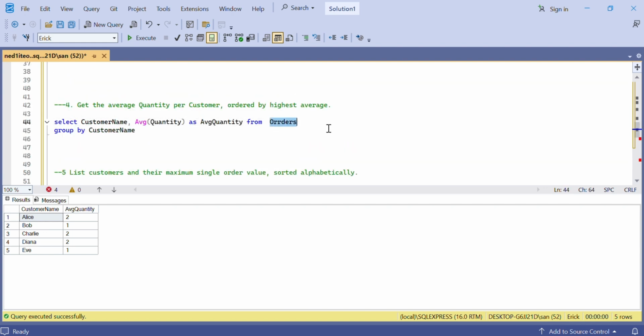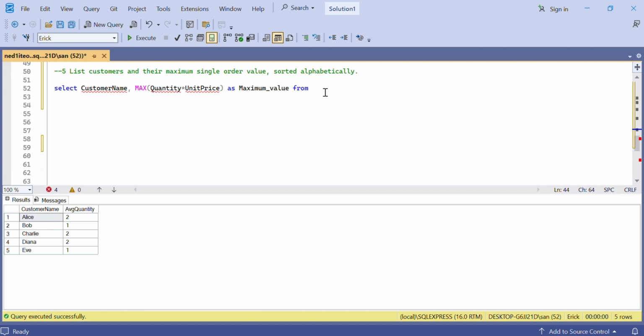Since we want to get the maximum value per customer, we'll group by customer name.